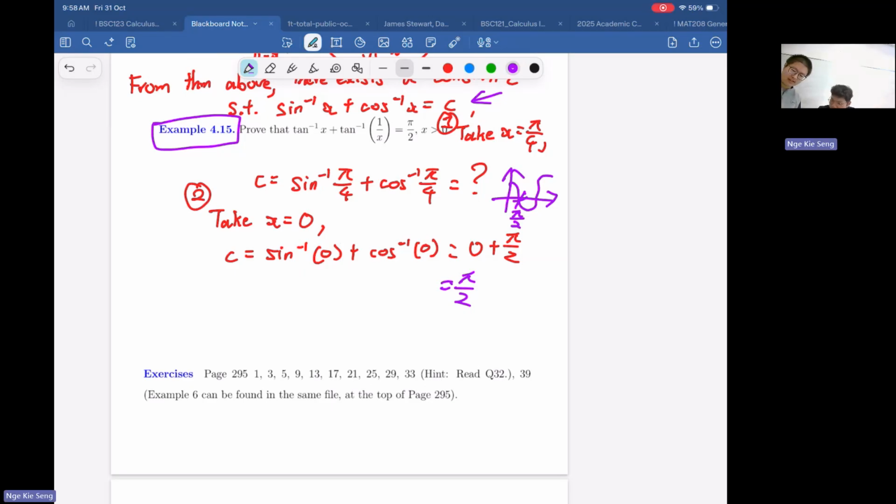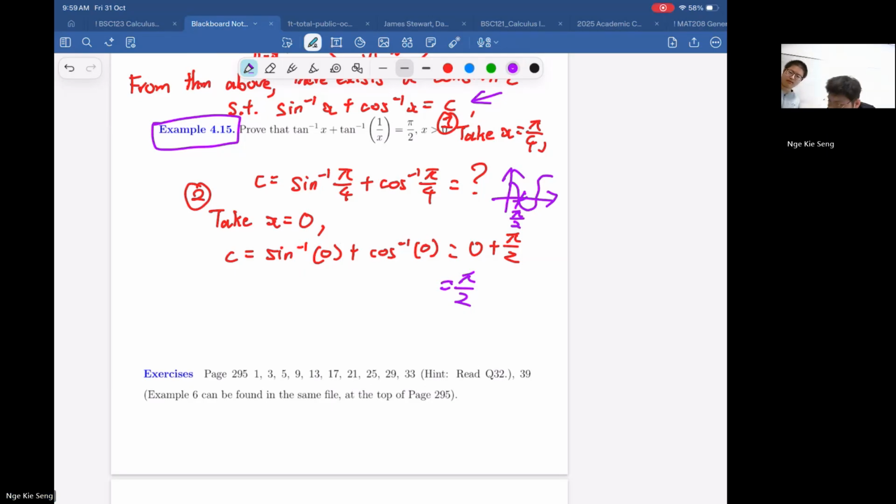I want to prove that y1 plus y2 is... it's equal to y1.